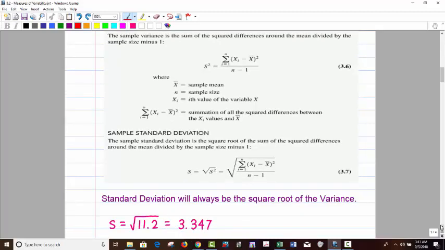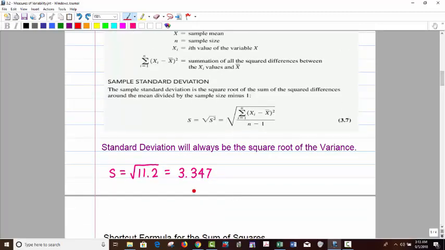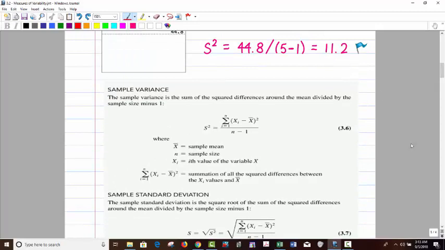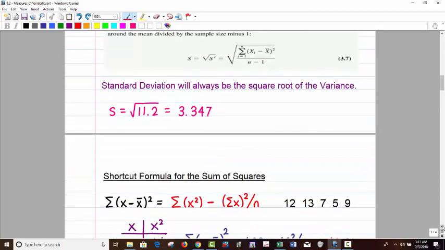But you see they relate to each other, so once you calculate the variance, you didn't waste a lot of time because you still need the square root to get the standard deviation. I just arbitrarily chose 3 decimal places here. So s is the sample standard deviation. It would be the square root of this 11.2 that we found right here. And it's 3.347.